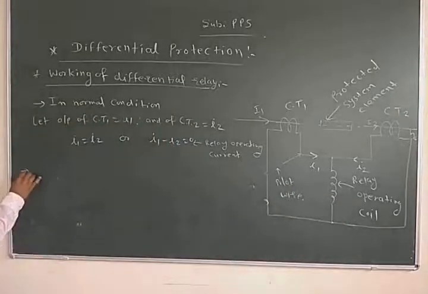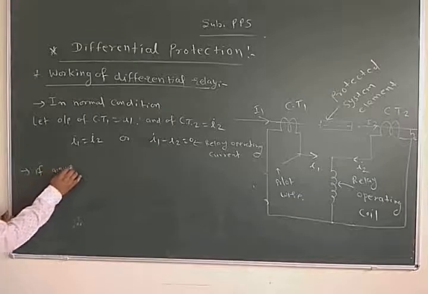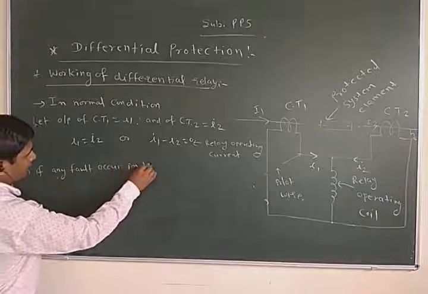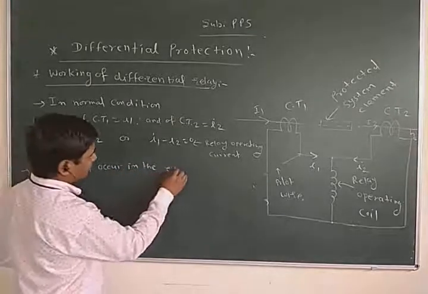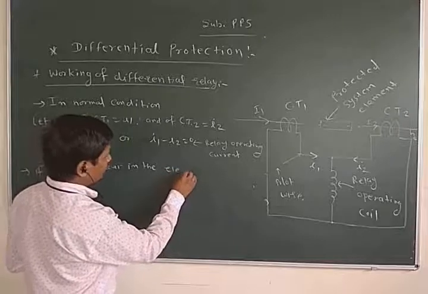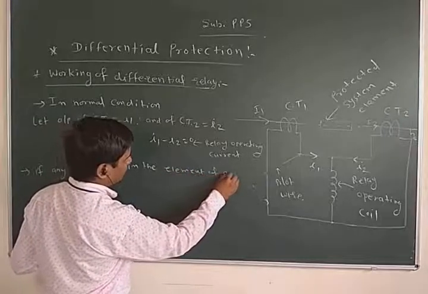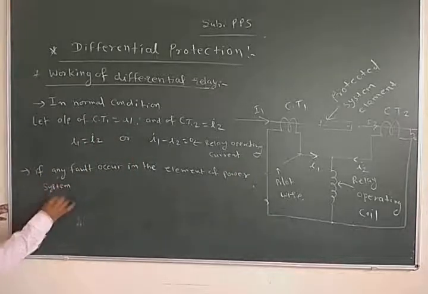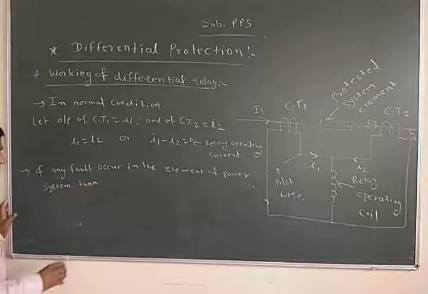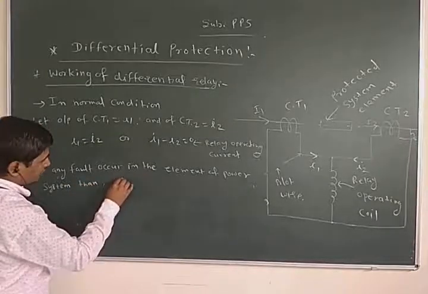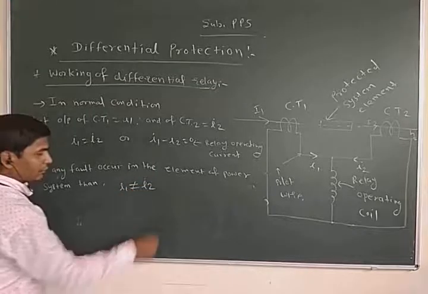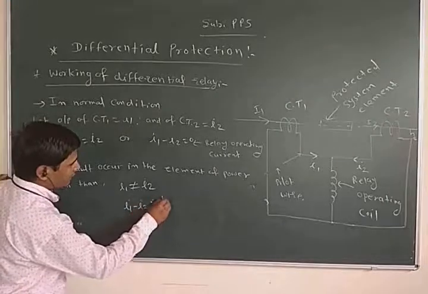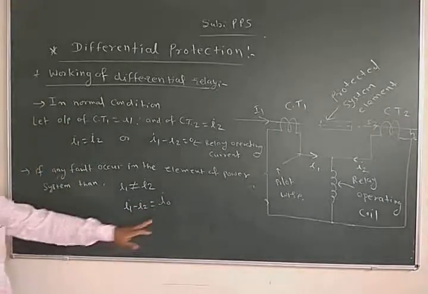But if any fault occurs in the equipment, element of power system, then I1 is not equal to I2, or we can say that I1 minus I2 is equal to let I0, which may be any value.